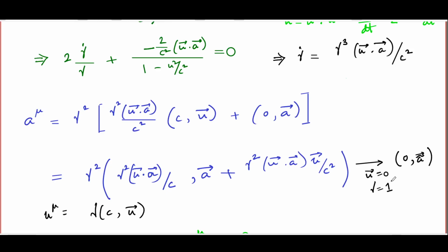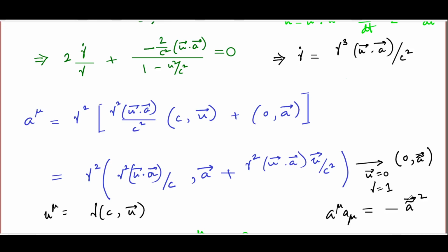Now in the instantaneous rest frame, if you calculate a upper mu, a lower mu, you would obviously get minus a tilde vector whole squared, which obviously is a negative quantity. So, in the instantaneous rest frame, the norm of a whole squared is negative.